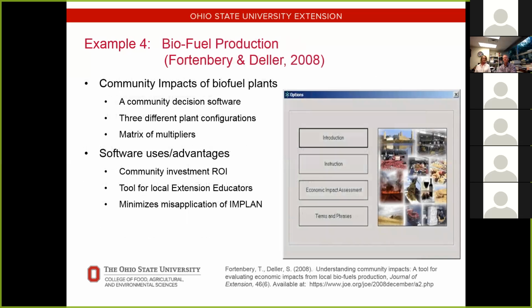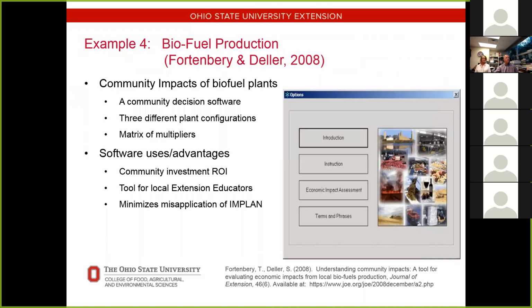Now here, I don't know if anybody out there has used this. I have not. But I was really interested to read about what Fortenberry and Deller wrote about in their article in 2008, which is a model software they developed. It's kind of a spin-off from IMPLAN. And what they wanted to do was estimate the impacts of biofuel plants for a community. There was a demand out there. Communities wanted to know, what is the impact of these type of plants on my community?